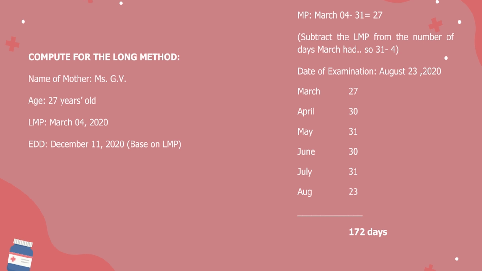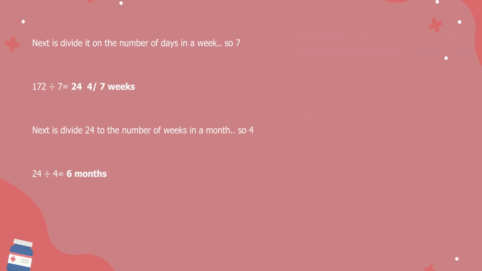After that, add the months going from March 27 to August 23. Then when you try to compute it, March 27, April 30, May 31, June 30, July 31, the answer would be 172 days. If you want to solve it in weeks, you divide it by 7, and the answer would be 24.